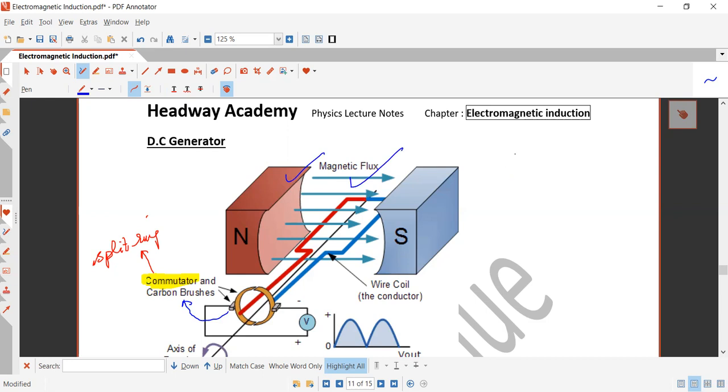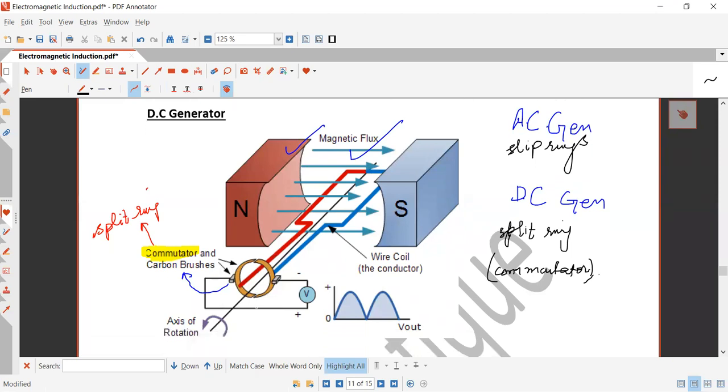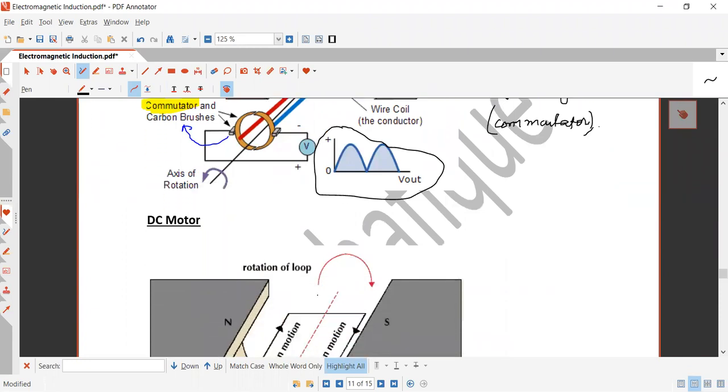So the only difference between the AC generator and the DC generator is that the AC generator uses slip rings of copper and the DC generator uses split rings made of copper, which is also called the commutator. The purpose of this is like a rectifier, it is going to convert the AC into pulsating DC, right? So this is the DC output of this DC generator, right?